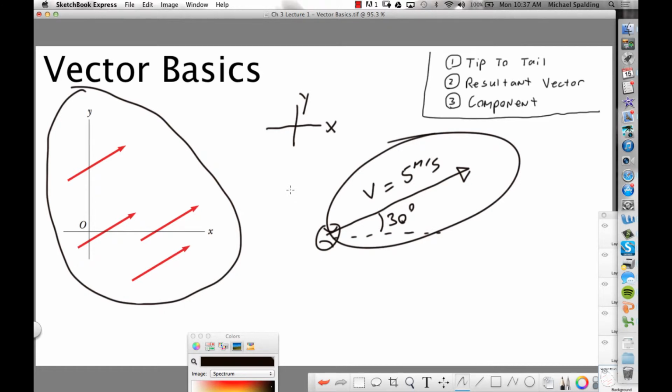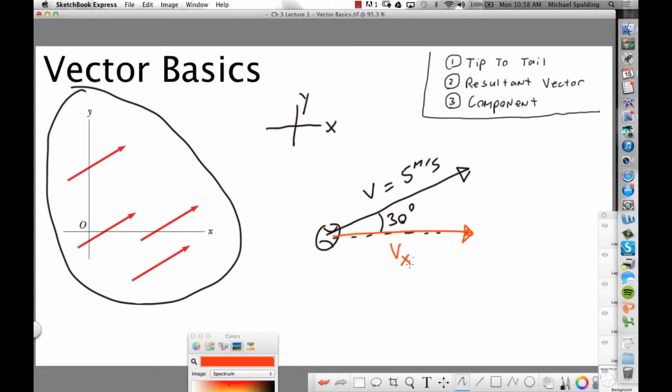No. Is the 5 meters per second perfectly in the y? No. It has components. So I'm going to show you what I mean by components with a red pen. This would be the x component of that 5. This would be the y component of the 5.